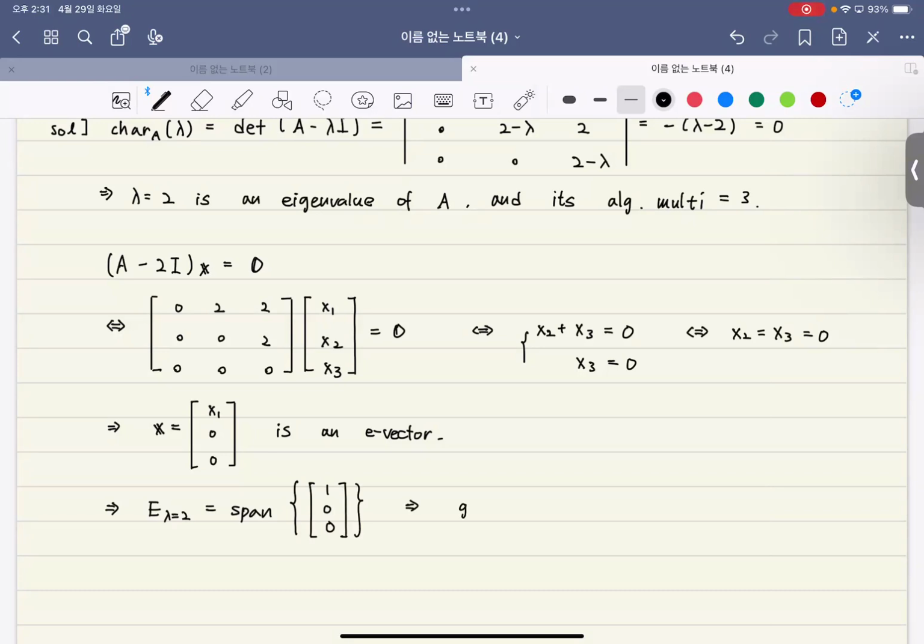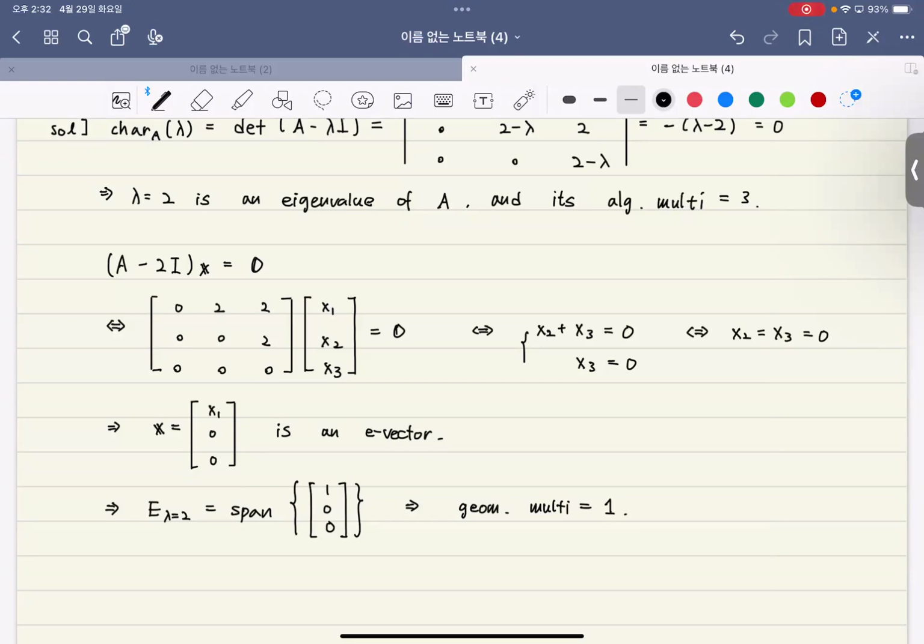Therefore, its geometric multiplicity is 1. So the algebraic multiplicity was 3 and the geometric multiplicity was 1.